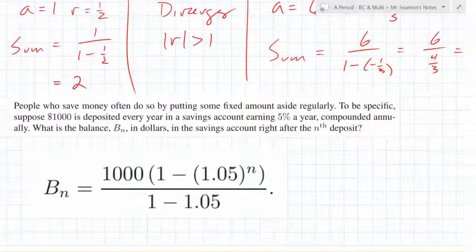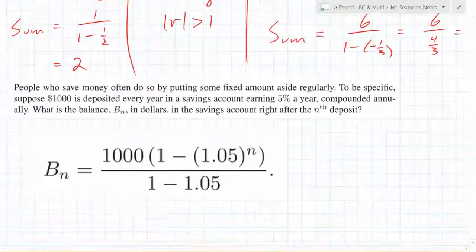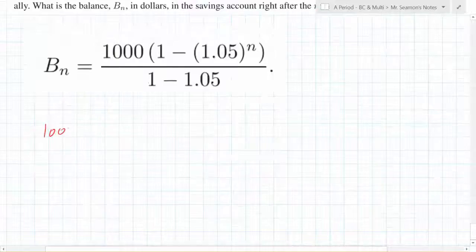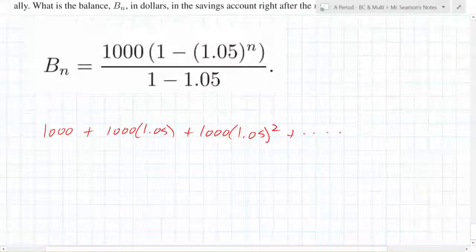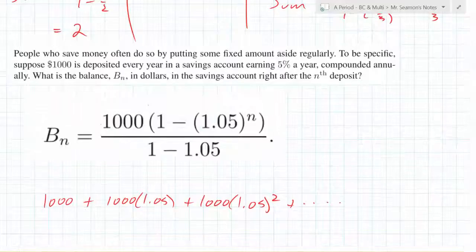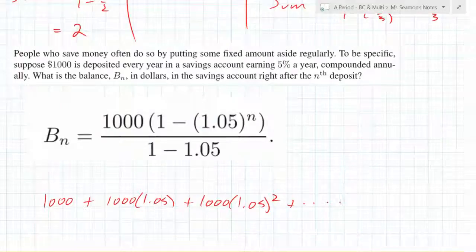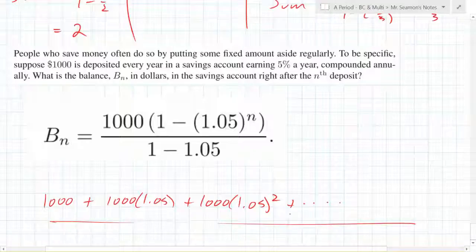Now, seeing that is a little challenging in this one because the way you write it, usually we would like to write it like this: 1,000 plus 1,000 times 1.05 plus 1,000 times 1.05 squared, and so forth. But the way this is structured, when you put $1,000 into a bank account and it's there for a total of 10 years, which of these terms is that going to be?